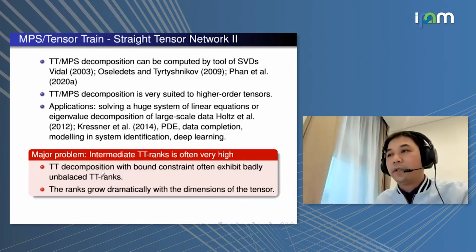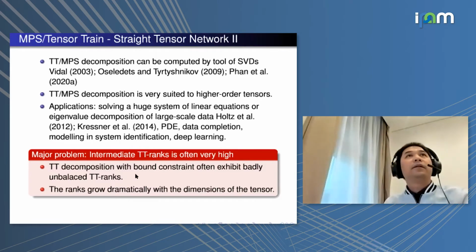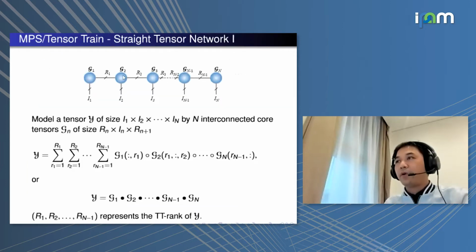So if you try tensor train on real data and you want to get a good approximation, the problem is that the intermediate rank is really high. So what is the intermediate rank? You have here several core tensors. The first core tensor has R1. The second core tensor has dimension R1, I2, and R2.